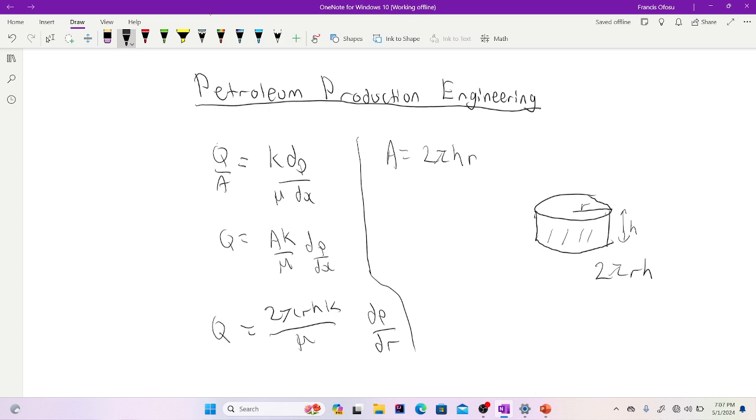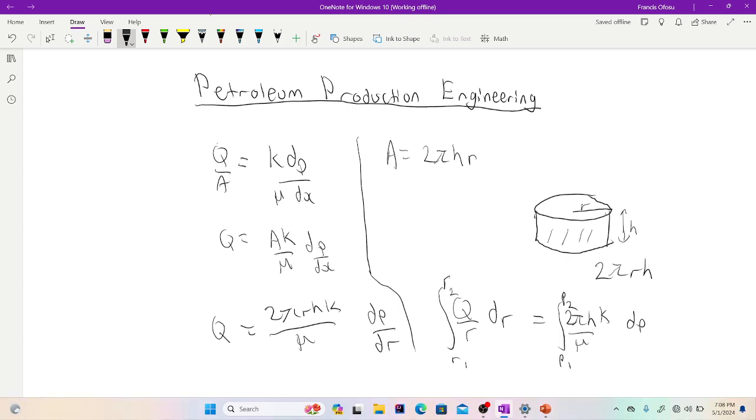So we can send r to the other side of the expression. So we have Q over r times dr to be equal to 2 pi h K over mu, then dP. Then we can integrate both sides. For this one, we're integrating from P1 to P2, and here from r1 to r2.